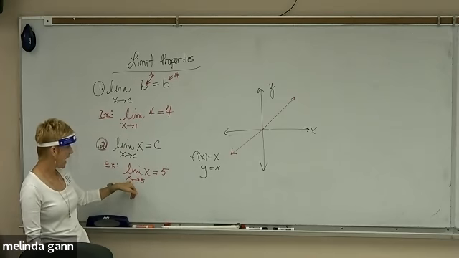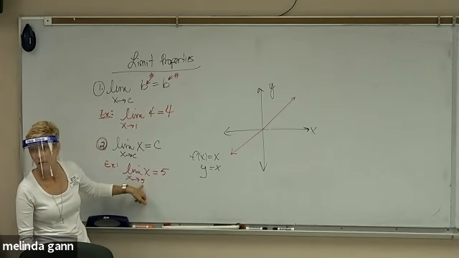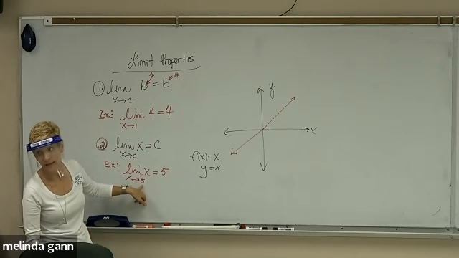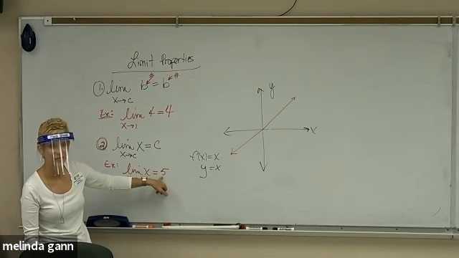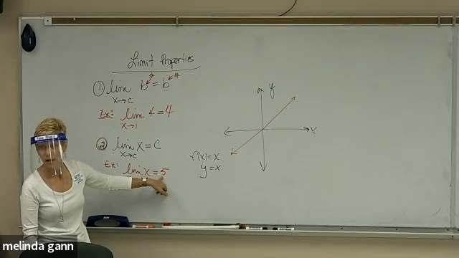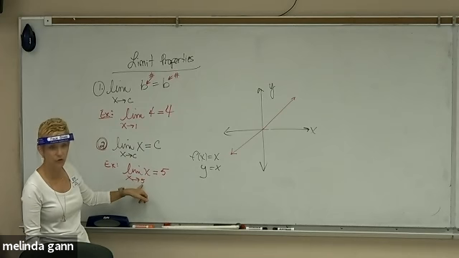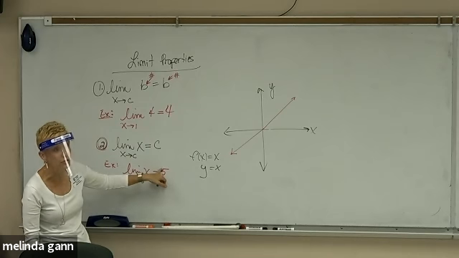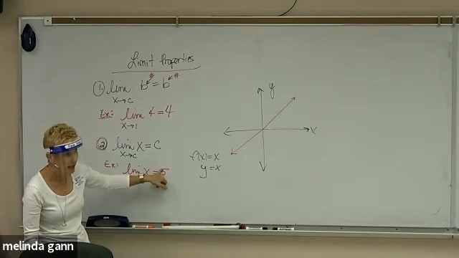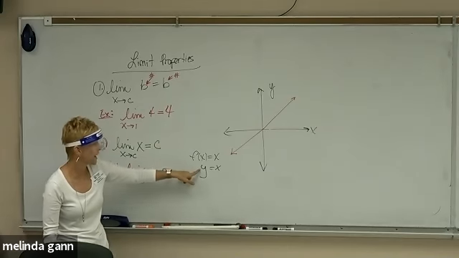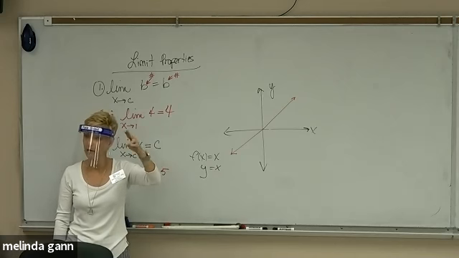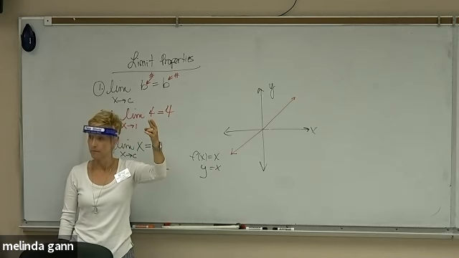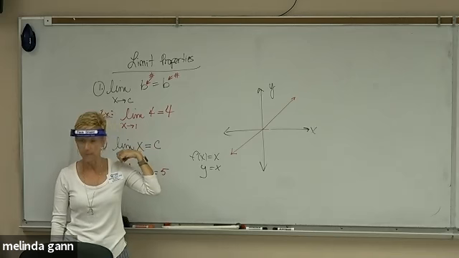So if x is getting close to 5, what's y going to have to be getting close to? 5. If x was getting close to negative 3, what would y be getting close to on that picture? Negative 3. Because on that picture, x's and y's are always the same. We okay so far? All right.